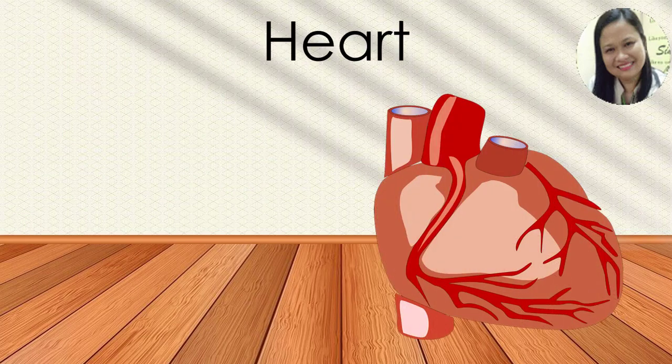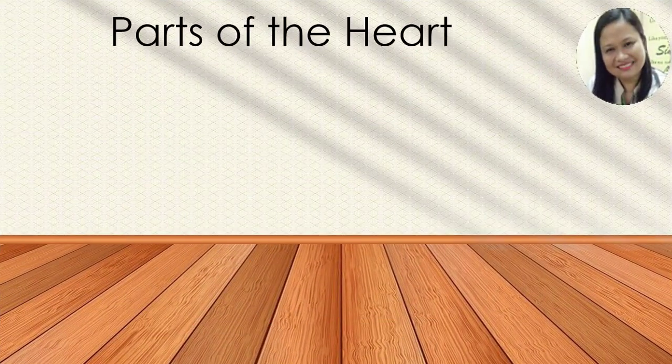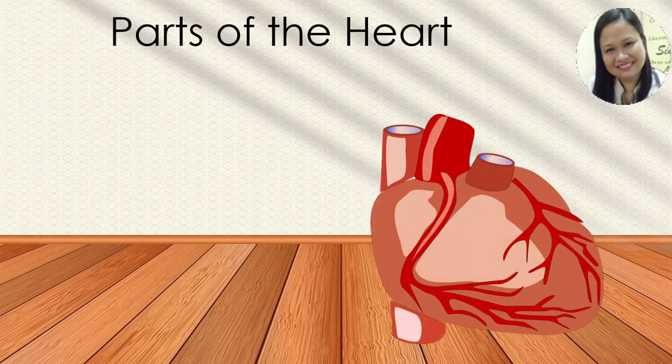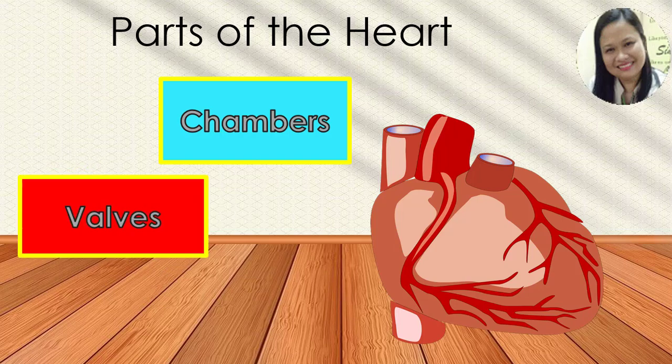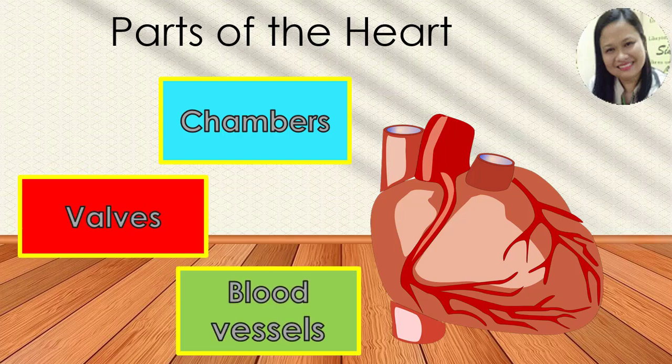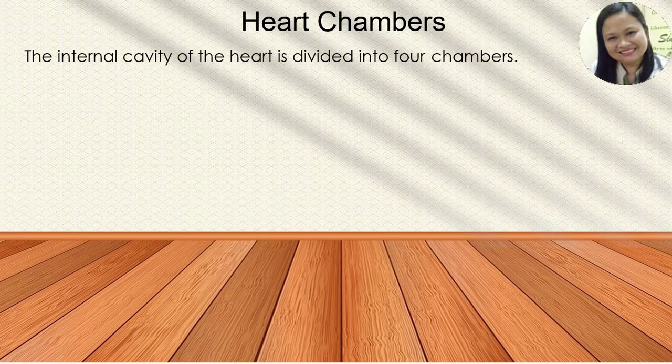Heart. What are the parts of the heart? To make it easier for you to understand the parts of the heart, you have to know that in the heart we have chambers, valves, and blood vessels. Heart chambers. The internal cavity of the heart is divided into 4 chambers.